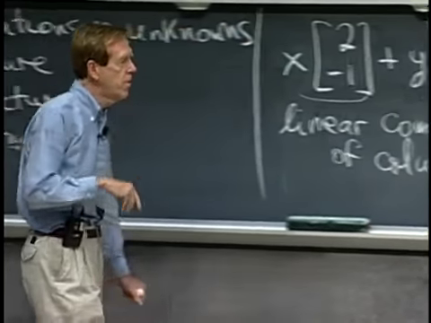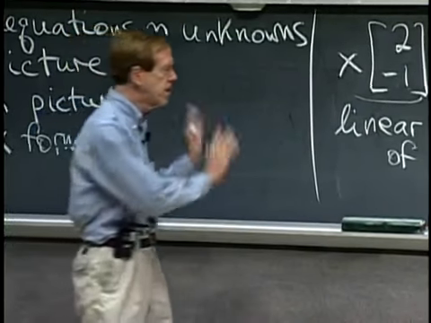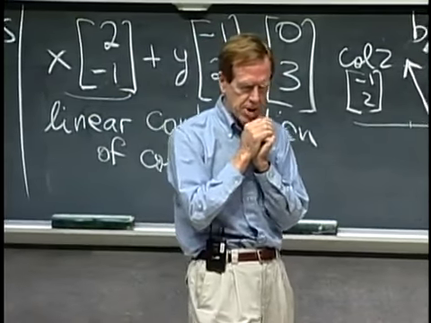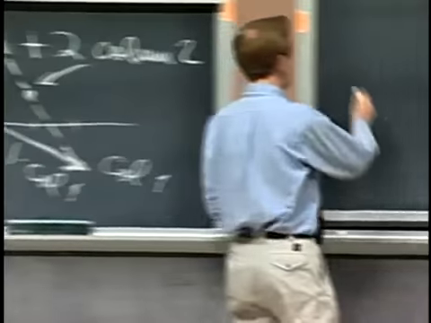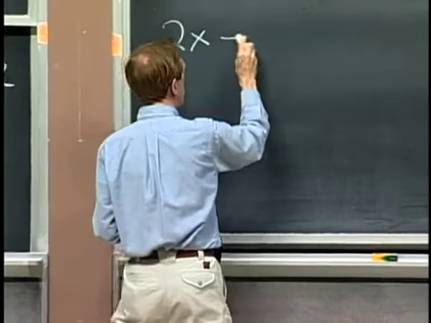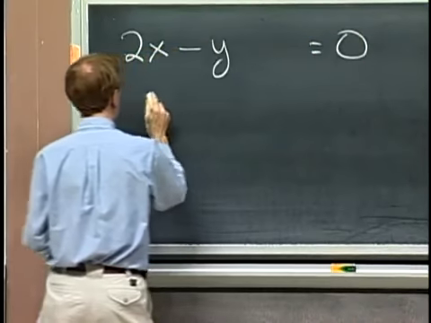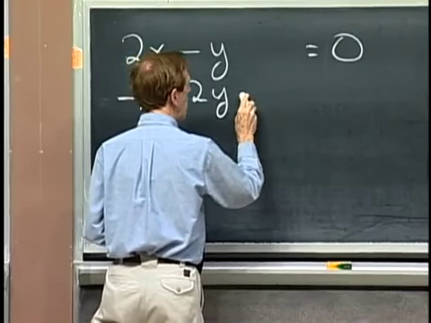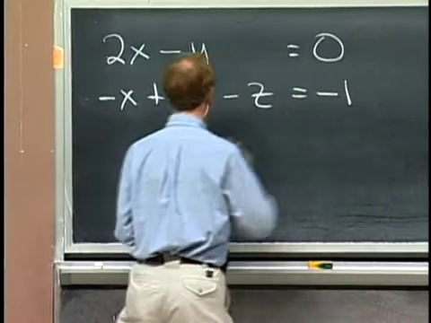Okay, can I move to 3 equations and 3 unknowns? Because it's easy to picture the 2 by 2 case. Let me do a 3 by 3 example. I'll start it the same way: 2x minus y, and no z's, as a 0. And a minus x and a 2y and a minus z is a minus 1.